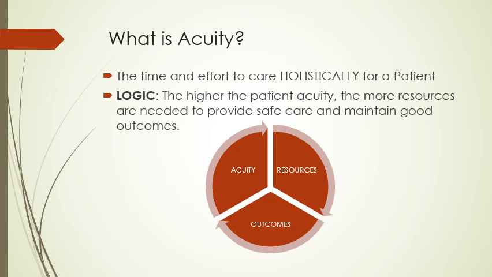When we look at those three things, patient acuity, resources, and outcomes, there's an interrelationship there, because as acuity rises, resource needs will rise, and outcomes become affected by this rise and change. And then those outcomes, depending on what they are, are ultimately going to affect the acuity and the resources again. So it keeps going round and round.